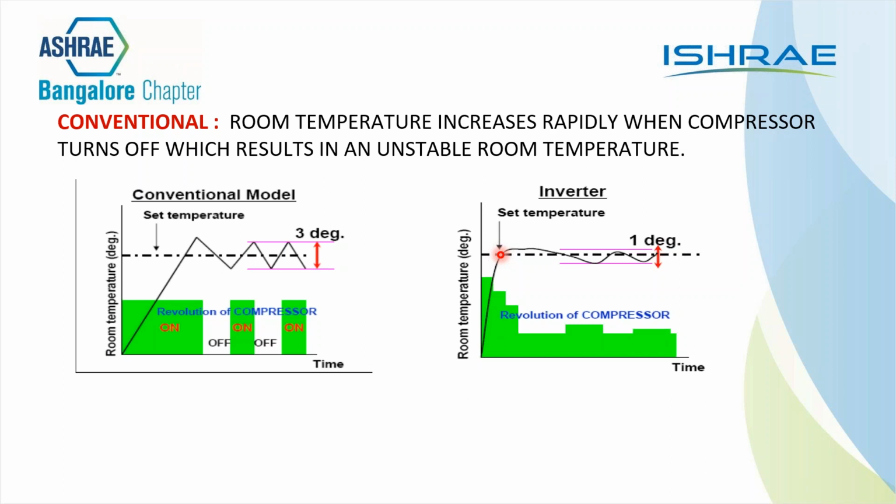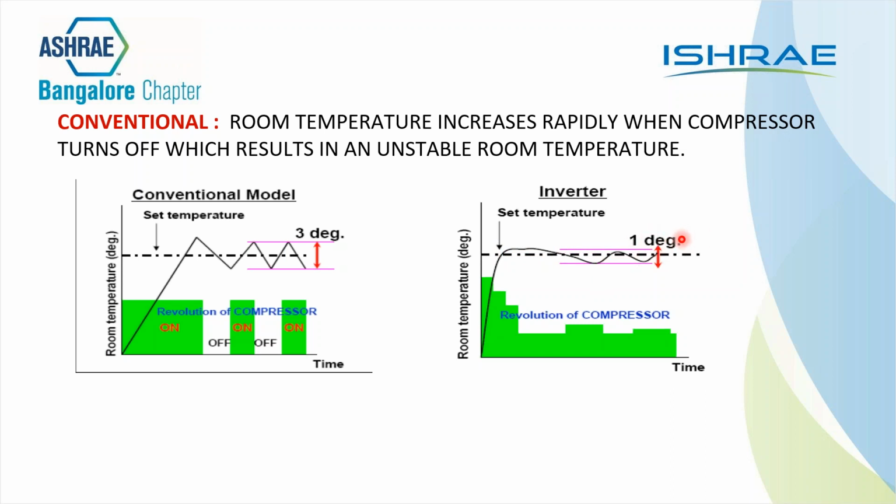Once the temperature has reached 23 degrees centigrade, the compressor doesn't go off. The RPM, that means the speed of the compressor, is reduced to maintain a temperature of 23 plus or minus 1 degree centigrade.